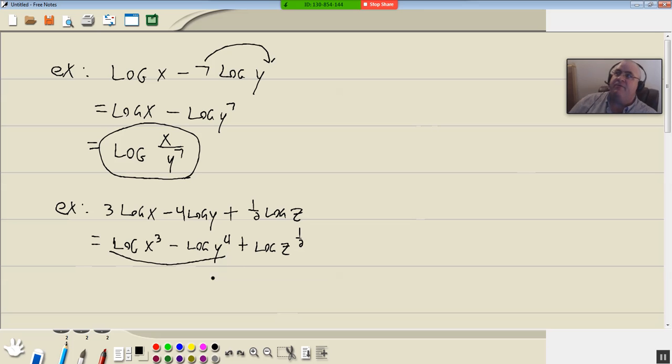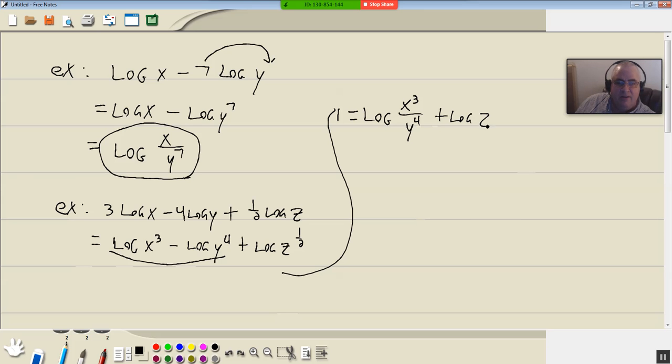Now, we handle these from left to right, so I'll do this one first. We have log of something minus log of something. Subtraction becomes division, so we have log x to the 3rd over y to the 4th plus log z to the 1/2.